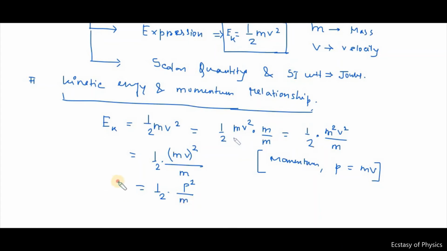So this is the relation between momentum and kinetic energy, or it can be represented as p square equal to twice into m into EK, which means that p equals the square root of twice into m into EK. So any of the conversions we have to remember.